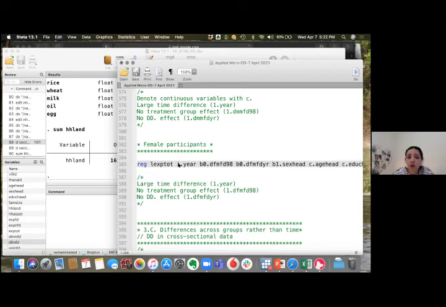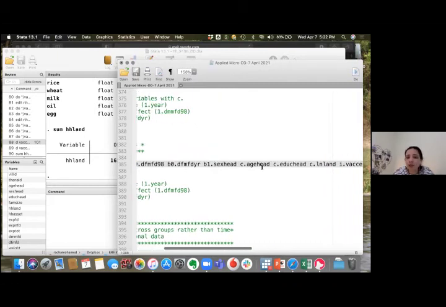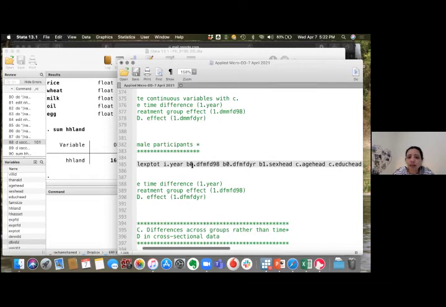When we include i. before the variable, I am telling Stata that it is a binary dummy variable. When I include c., I am telling Stata that it is a continuous variable. When I add b1, because year is already 0 and 1, I am telling Stata that 1 will be our reference group, since this binary variable takes values 0 and 1.